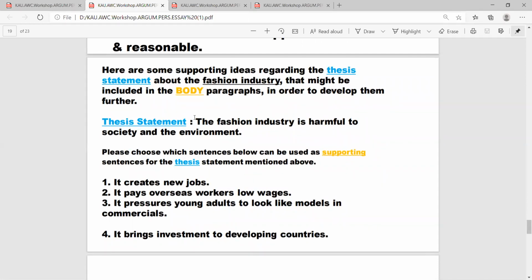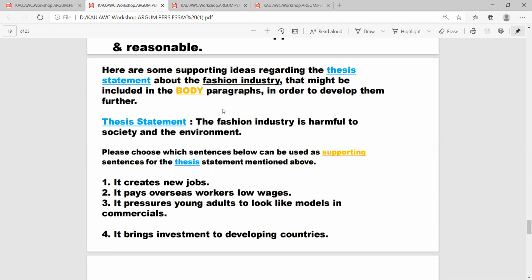So the thesis statement: the fashion industry is harmful to society and the environment. Why? Well, let's look at the second part, which is easier to explain, I think. Harmful to the environment. We don't want to waste things, right? We want things to be reusable. Now, can clothes be reusable? Yes.